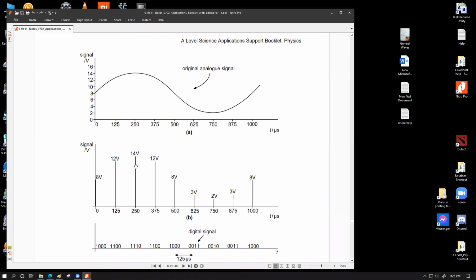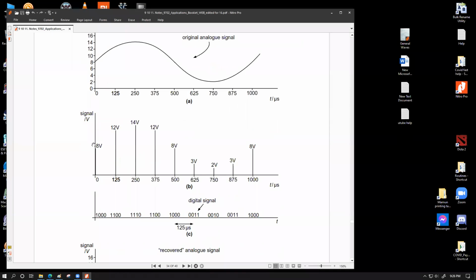Then another 125 microsecond, 14, 12, 8. So after every 125 microsecond interval, we get these values of the voltage. So this graph to this graph, this is basically what sampling is. So we have converted a full continuous graph into vertical lines, instantaneous values.